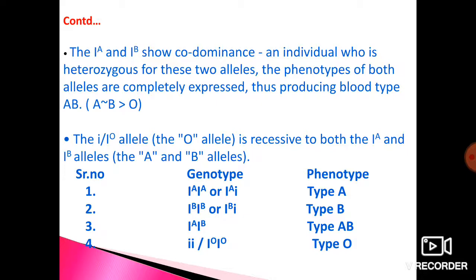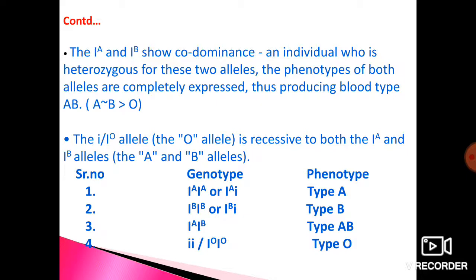Now, isn't it interesting that only one gene, the wild type I, by changing its genotype through mutation, has given rise to three different types of alleles, and at any given moment, in the body of any one human being, only two can exist.